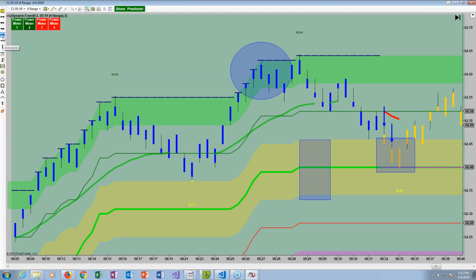Has this bar right here bounced? Or how about this one? Which one of these four bars are the bouncers? The two on the left or the two on the right? Two on the right. Good.